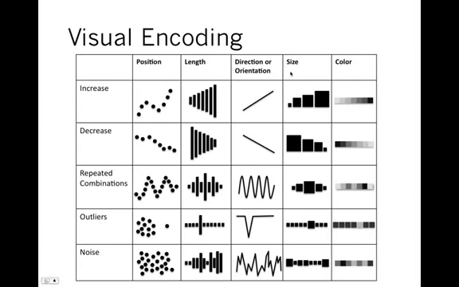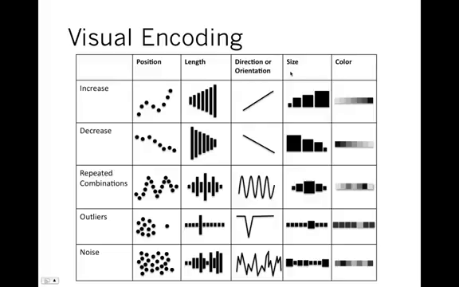Which leads to the next topic, which is how do we map from the variables in our data set to these perceptual attributes, something we call visual encoding. So you would encode or map information to these visual properties or attributes.